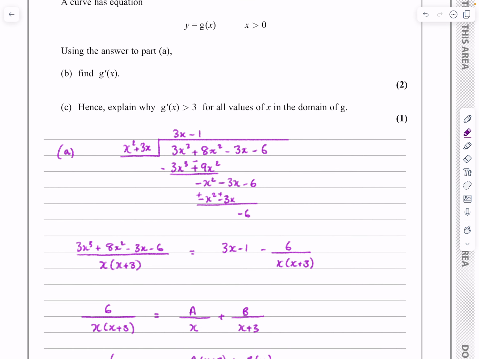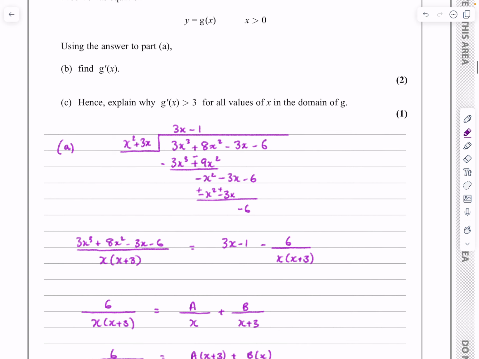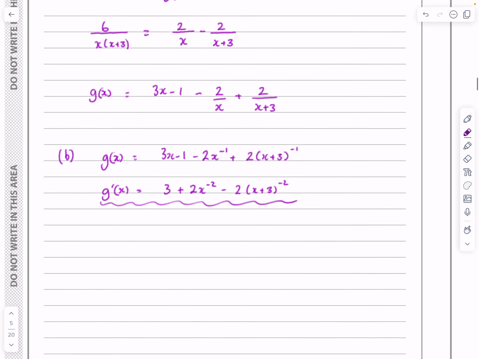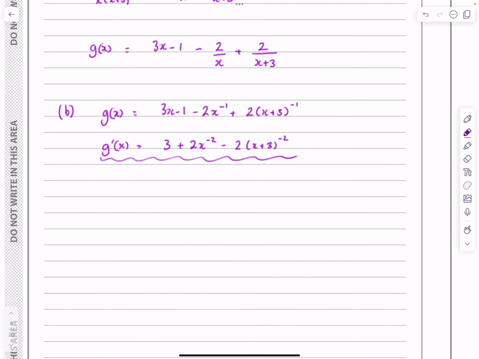And then this part C is a little bit unusual. You need to have seen this style of question. Explain why g(x) is greater than 3 for all values in the domain. So what we're saying is that g(x) is equal to 3 plus 2x to the minus 2, minus 2(x plus 3) to the minus 2.